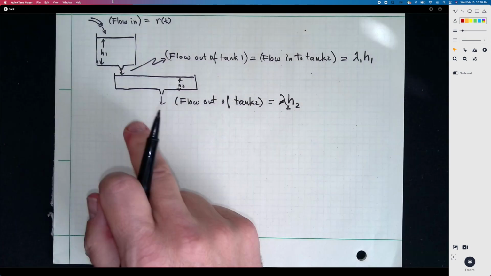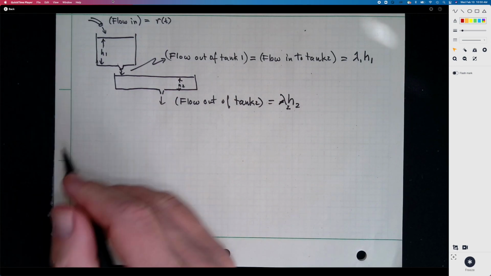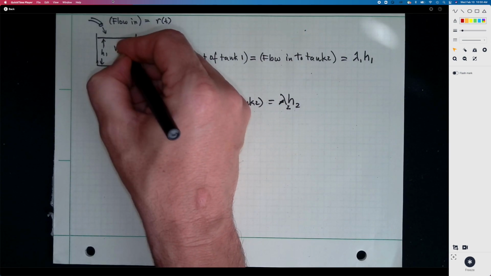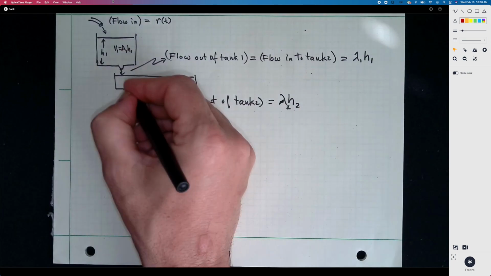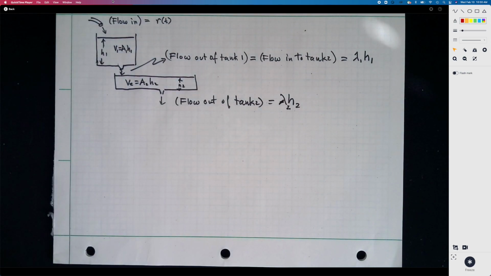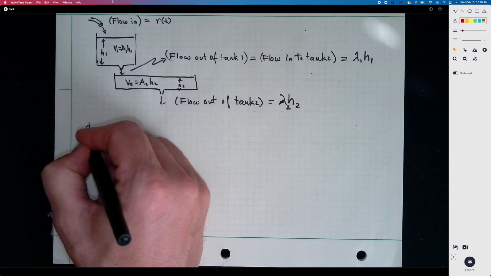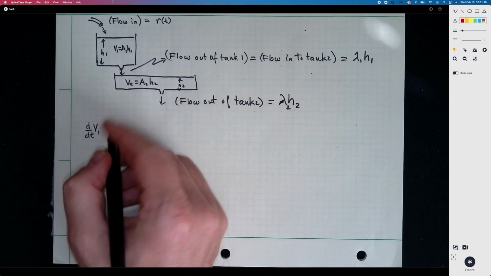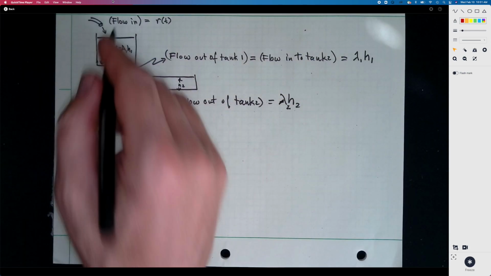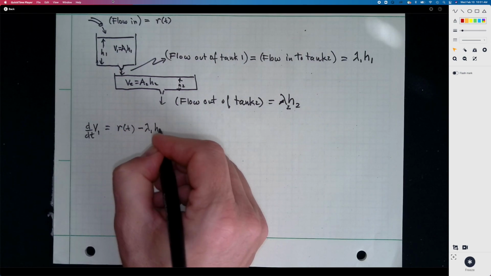And then it's just a matter of writing a conservation equation for the volume of water in each tank. Let's assume that the cross-sectional area of tank 1 is A1, so V1 is equal to A1 H1, and V2 is equal to A2 H2. Writing down the conservation equation for the first tank, we have d by dt of V1 equal to the flow into tank 1, which is R of t, minus the flow out, which is minus lambda 1 H1.